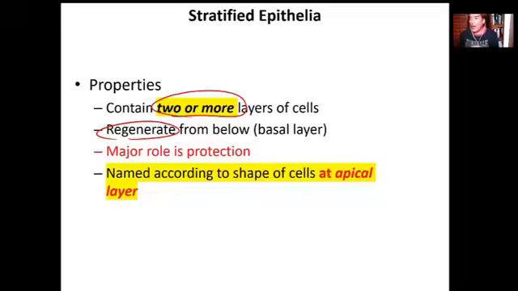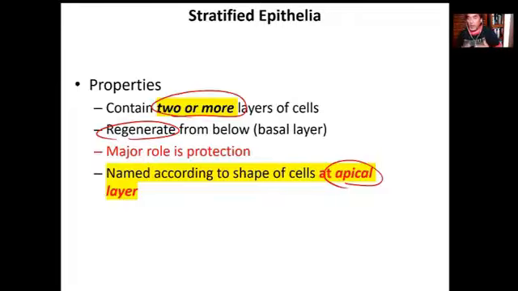And the name of the shape of the epithelium that we're going to use is based on the apical layer, the top layer. We're not basing it on the bottom layer because this is multiple layers. Usually the bottom layer cells are round, but when they go to the top, they become squashed, okay? And that's squamous.